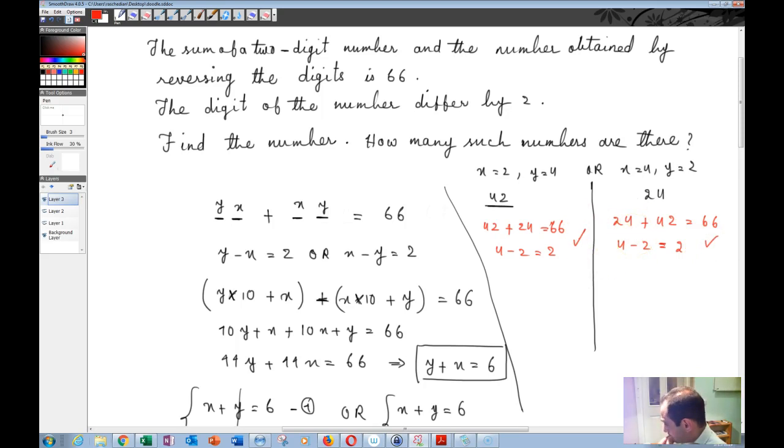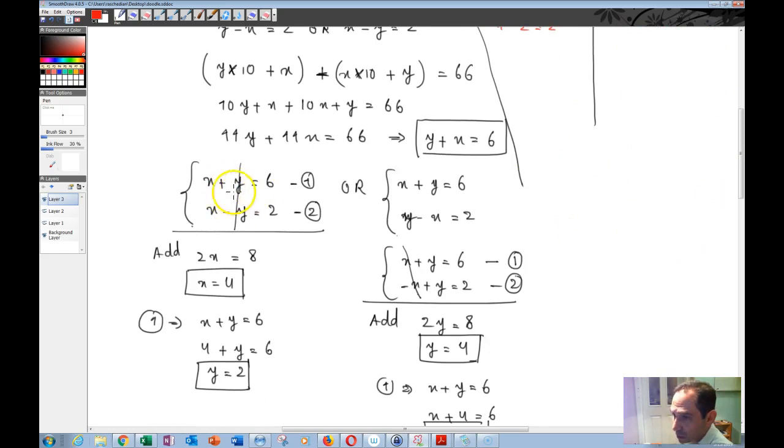So that's basically two possible answers that you could have over here. All of these are related to numbers, which is not that important here. What is important is that you get these two equations and how you solve them by the method of elimination. That's basically all that matters here.